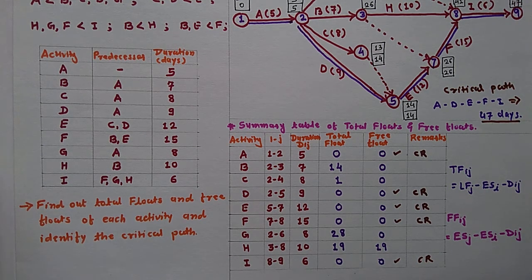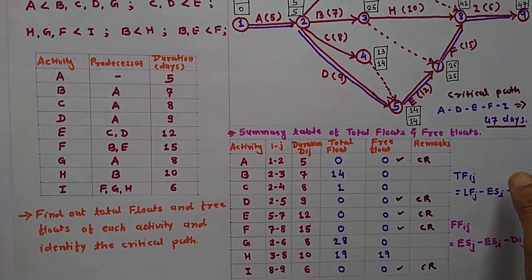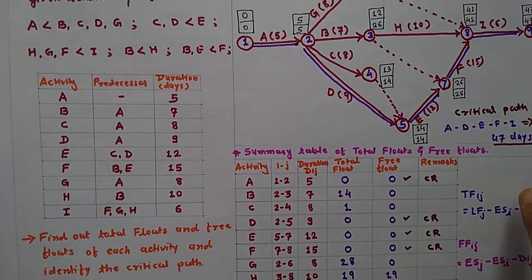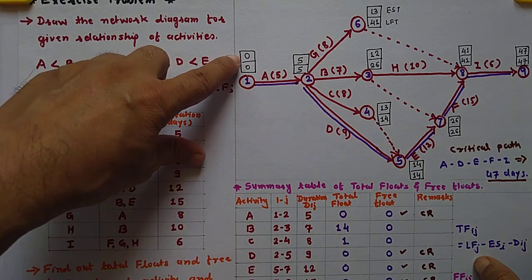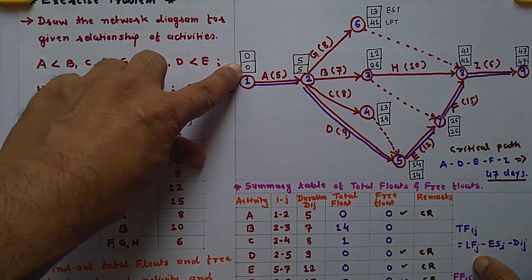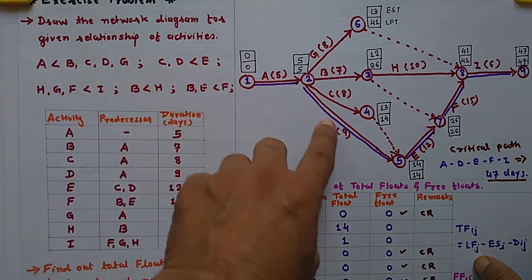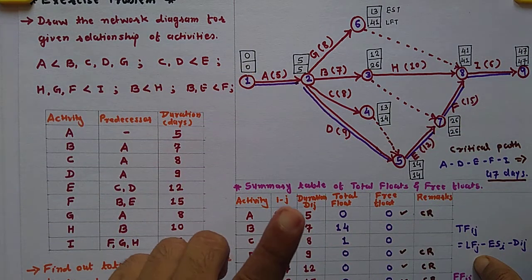Okay, so in this way you can find out the critical path. Actually, you can find the critical path by 3 methods. Method number 1: if both values, earliest start time and latest finish time, are the same, then all those activities are on the critical path.